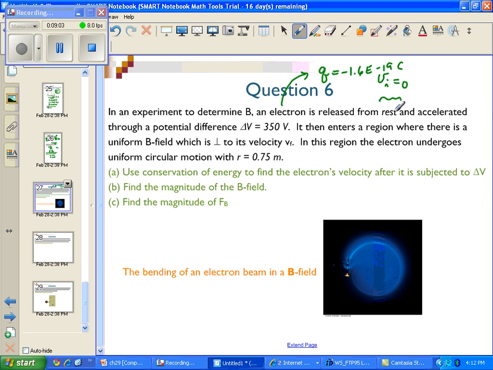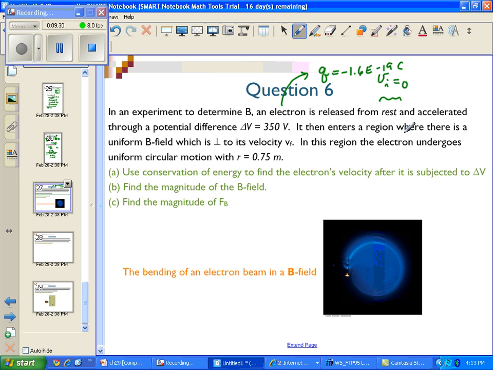So it's released from rest and it accelerates through a potential difference, delta V. Here V is capital V, it's not speed, it's potential, of positive 350 volts. Why? Well, because a negative charge goes from low potential to high potential. So 350 is the high minus 0, the low.